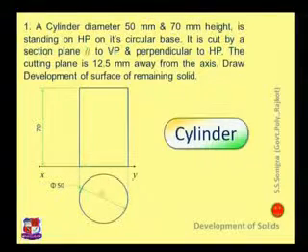This circle is top view, and this plane which is parallel to VP, the cutting plane, is 12.5 mm away from the axis. From this axis of the solid we have to draw the cutting plane at a distance of 12.5 mm like this.